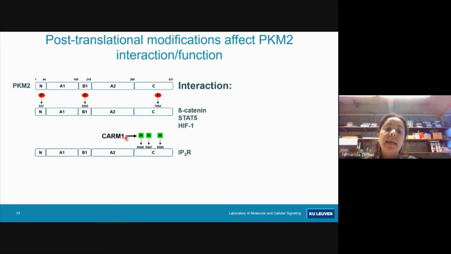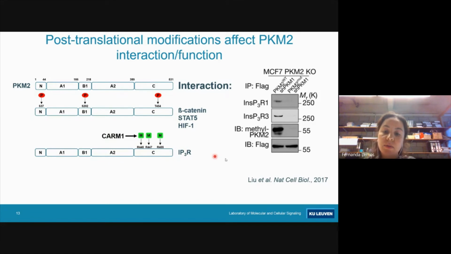We also know that CARM1, a methyltransferase, an enzyme that is highly expressed in some kinds of cancer cells, can also methylate PKM2 specifically in these residues, arginine 445, 447, and 455. And this methylation is important for the interaction between PKM2 and the IP3 receptor.